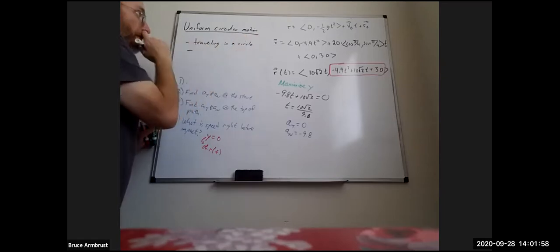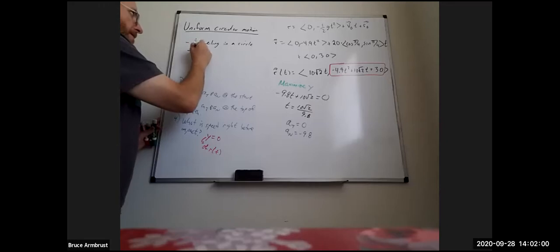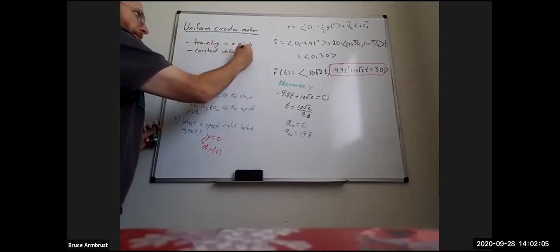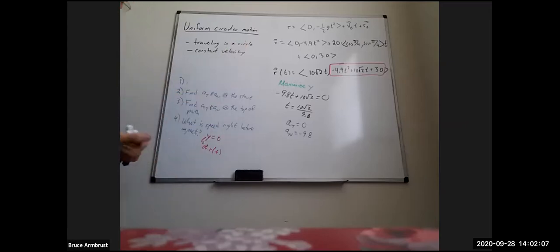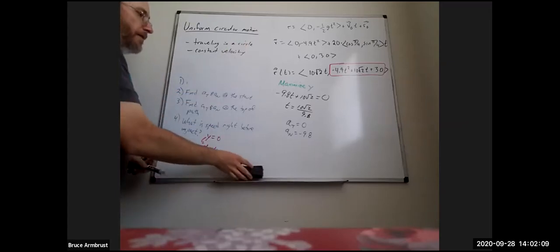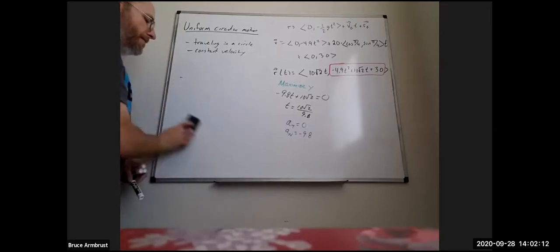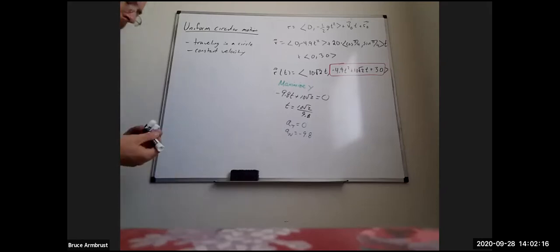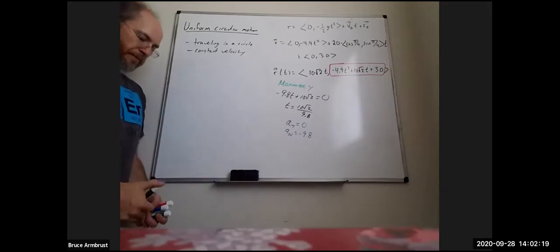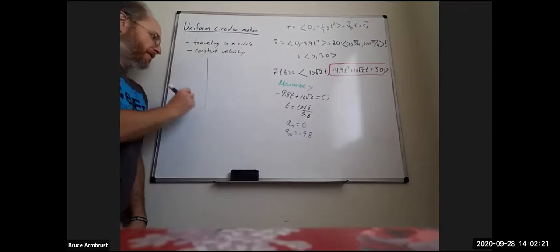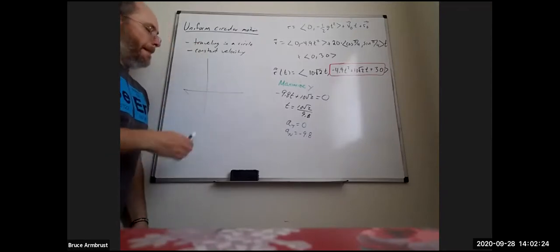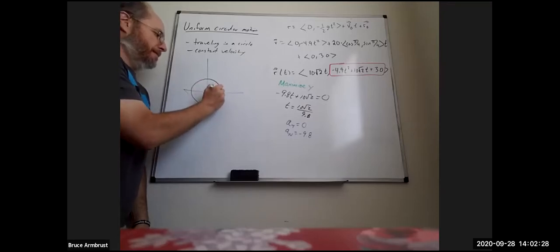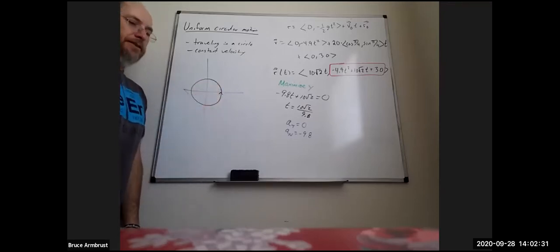But the other important bit, and this is the uniform, is that we have constant velocity. So whatever our velocity is, it's constant. So obviously drawing a picture of this is super easy. There you go. We're moving around in a circle.